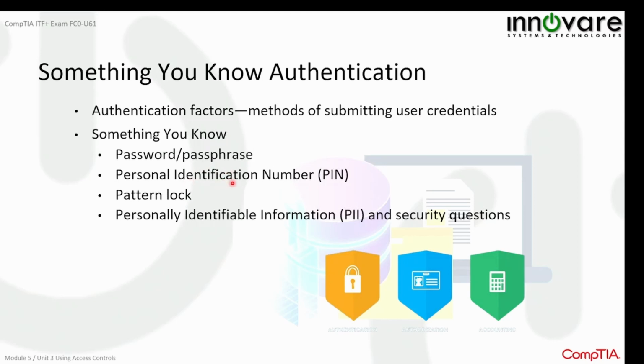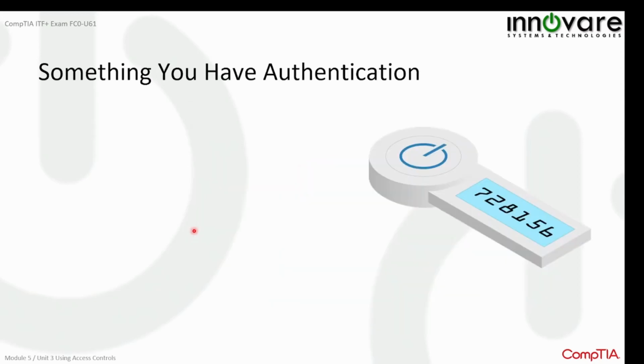Of course, like sa ATM banks, di ba? PIN number mo, you're the only one who knows it. And then either you lock it by pattern. That is an example of something you know. Any ID, personal identifiable information, or security questions like what's your nickname when you're a kid or what city you were born. That is an example of something you know.